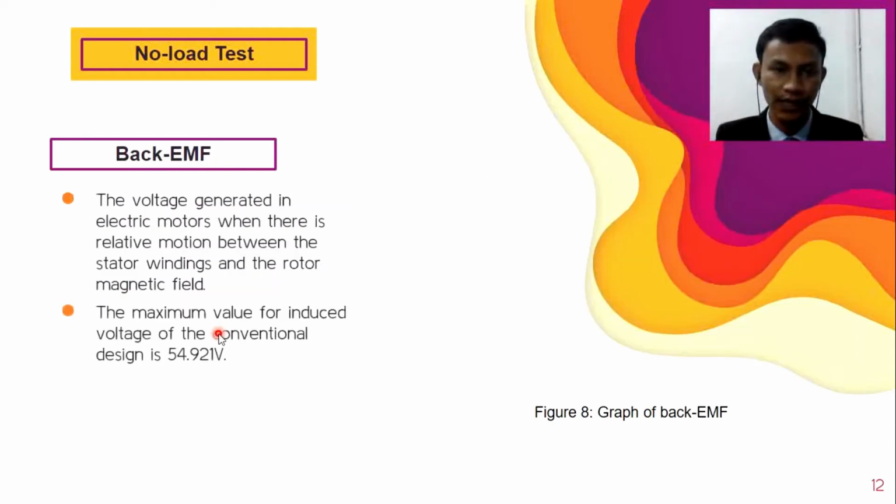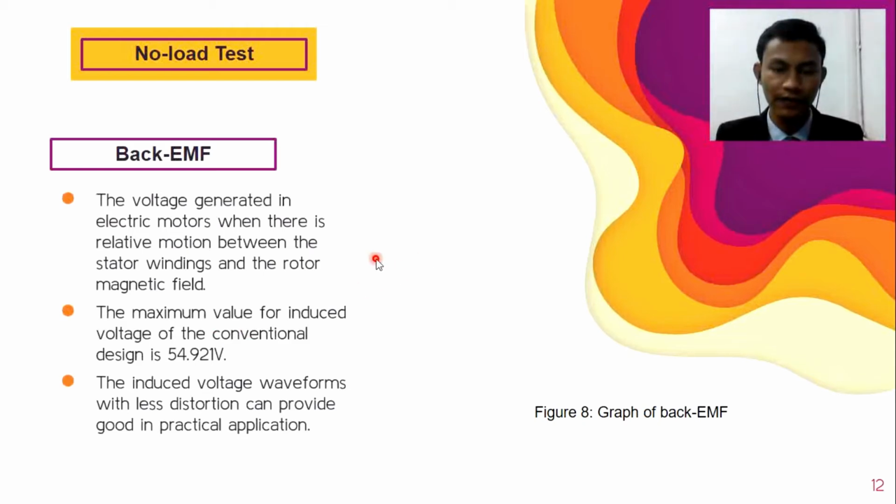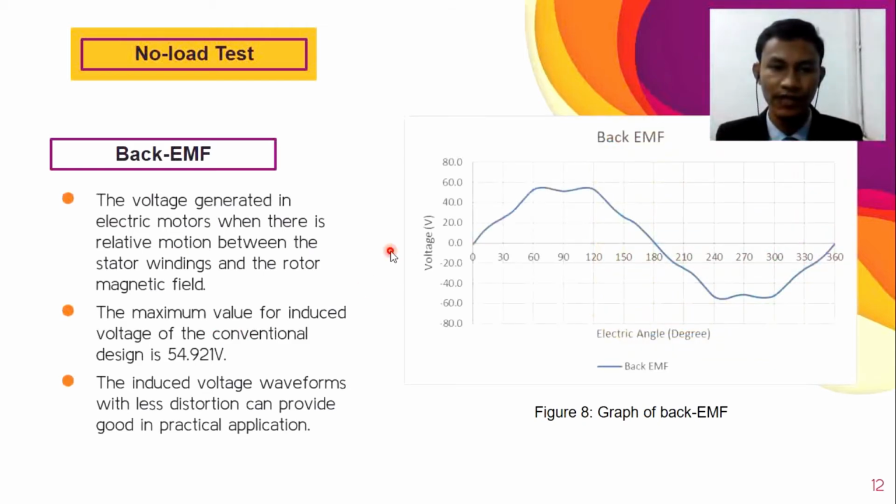Back EMF happens when voltage is generated in an electric motor when there is relative motion between the stator winding and the rotor magnetic field. So the maximum value for the induced voltage or back EMF for the conventional design is 54.921 volt.